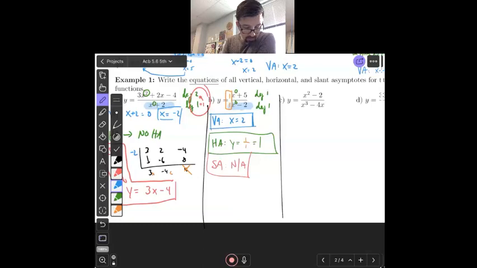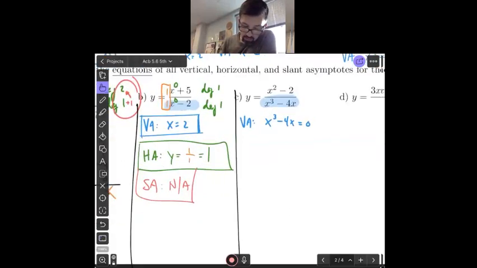A little bit trickier. Find our vertical asymptote by setting that equal to 0. So x cubed minus 4x equals 0. Okay, so set that equal to 0.